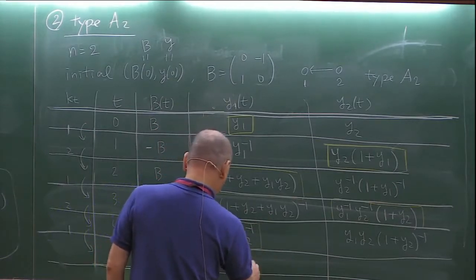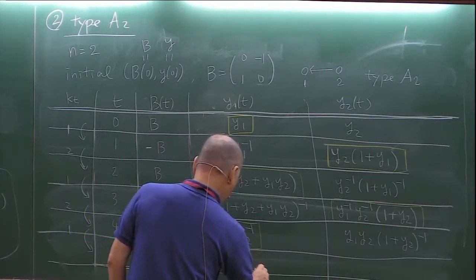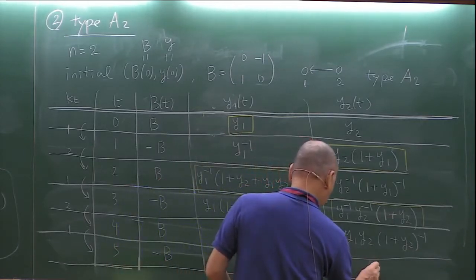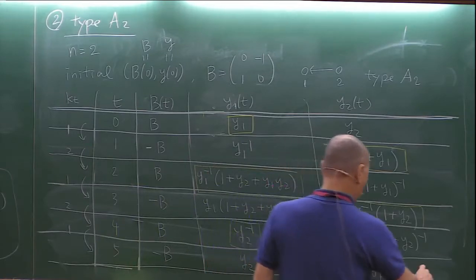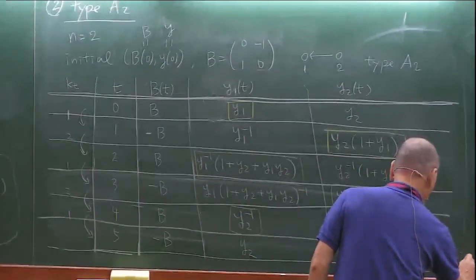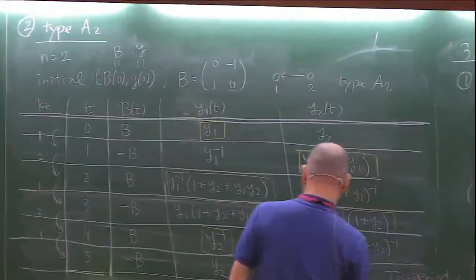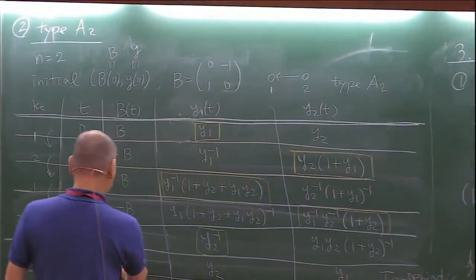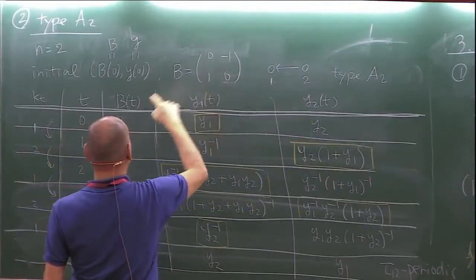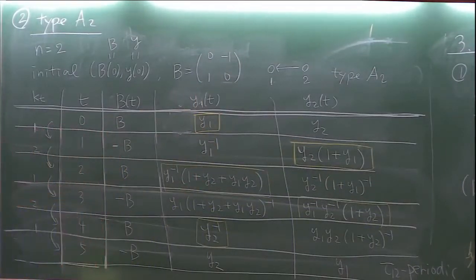Anyhow, next mutation, it comes back, and we have the final result. And this is periodic of period 5, because those are interchanged, and also this is obtained as an interchange of indices from this one. Okay, so this is the periodicity of the y variable.